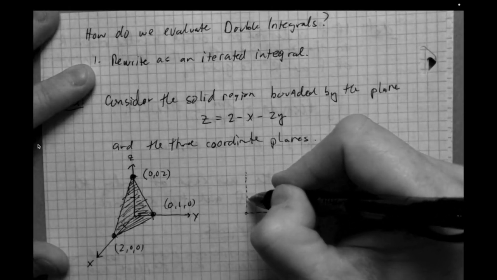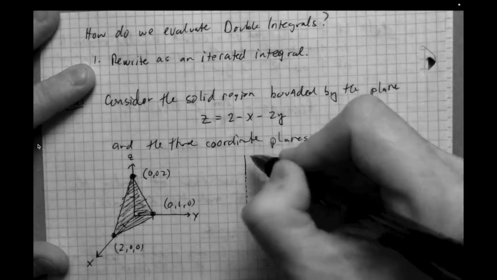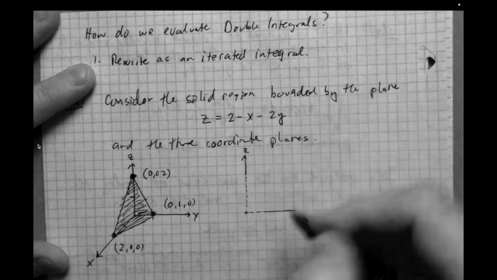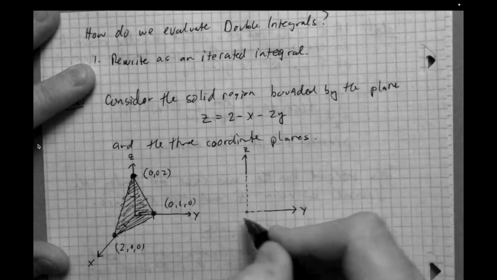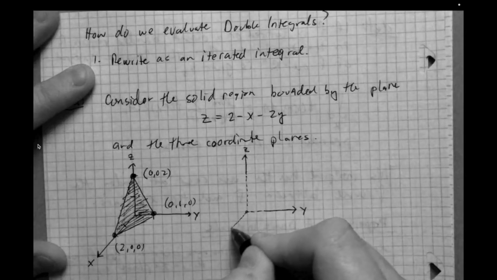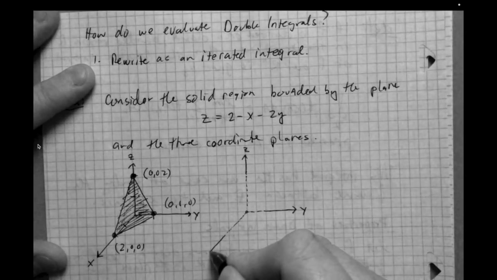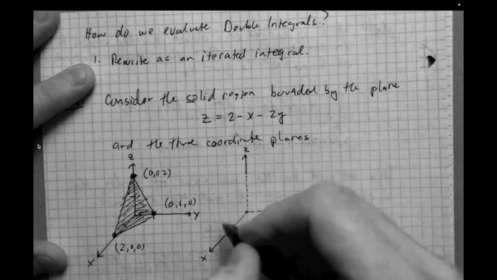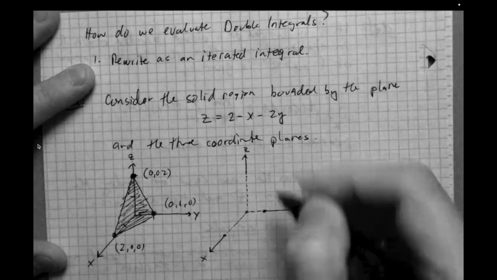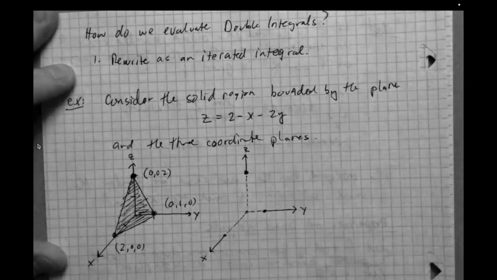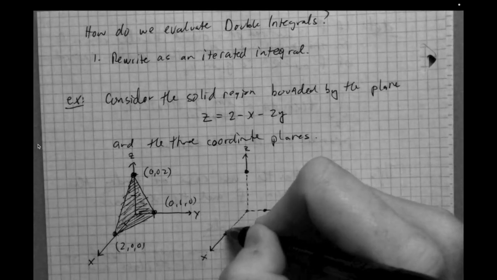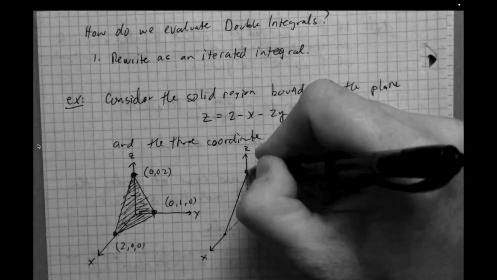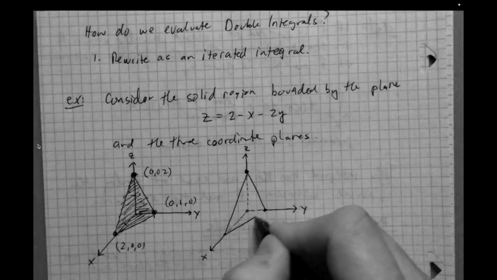So we'll go up. So again, you've got your z-axis up here, you've got your y-axis here, and then you've got your x-axis down here, right? And then here are the points that I just indicated, right? So you've got the intersection here and here and here.